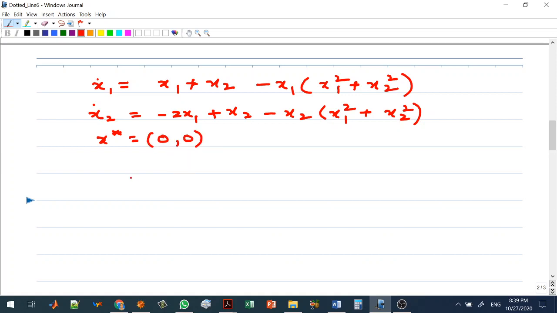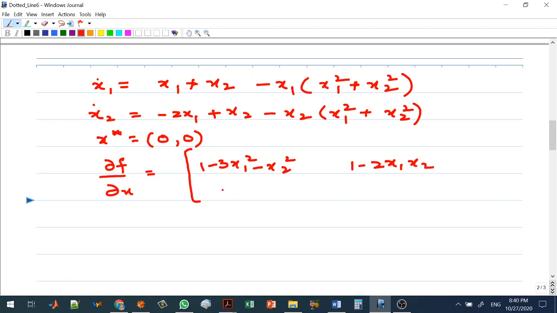The equilibrium point is at the origin, whereas the Jacobian matrix partial f over partial x is given like this: 1 minus 3x1 square minus x2 square, and 1 minus 2x1 x2, and minus 2 minus 2x1 x2, 1 minus x1 square minus 3x2 square.